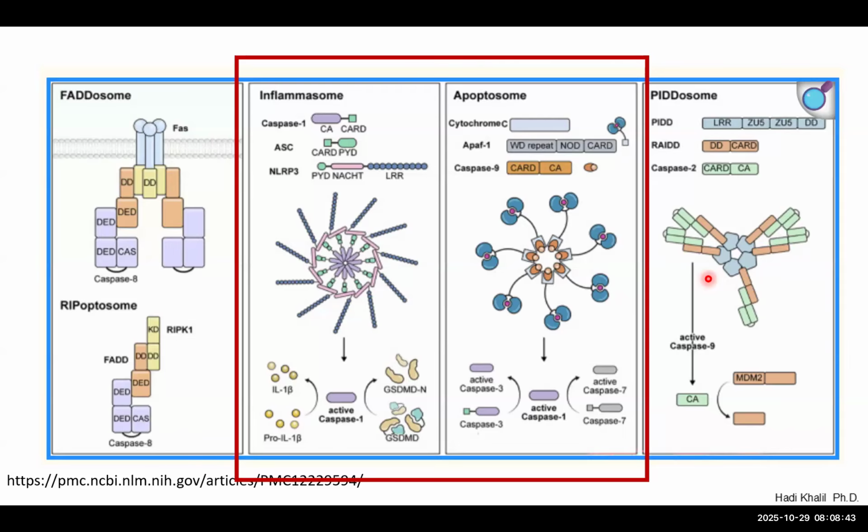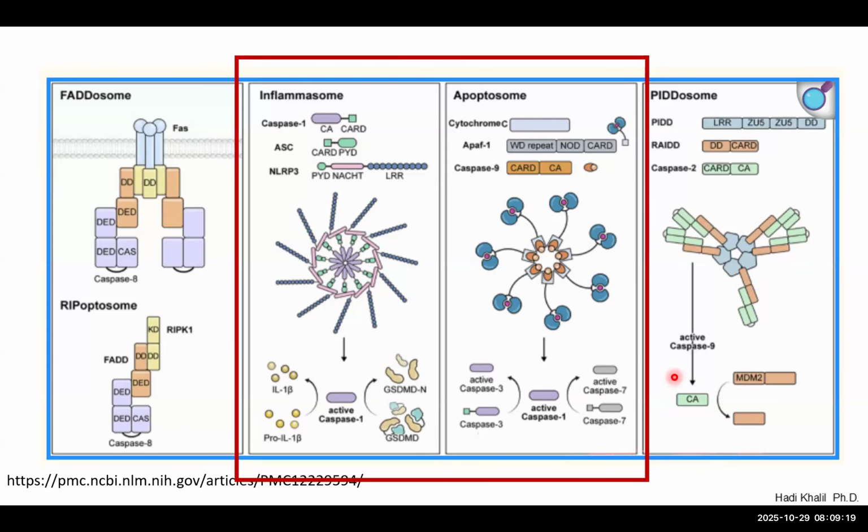It's simply the types of the proteins that are associated to cause the generation of that inflammasome. And then which caspase becomes active in this condition. It's caspase 1, which leads to interleukin 1 beta and interleukin 18 induction, cleavage. And in this condition, it's active caspase 3 and active caspase 7.